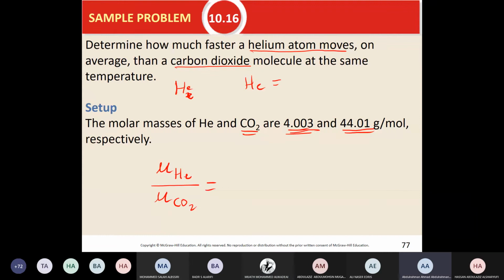Now, do the calculation. Square root of what now? The molar mass of CO2 over the molar mass of He. Exactly, reverse it now. Which unit should I use? Gram or kilogram?